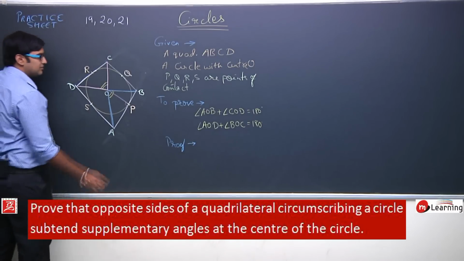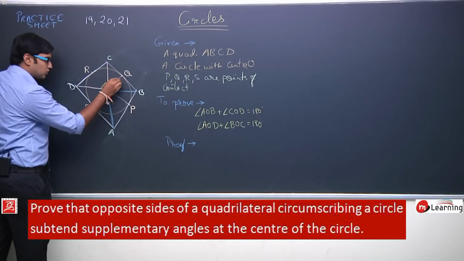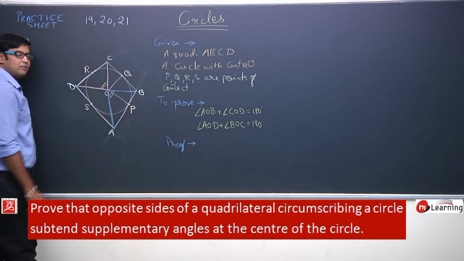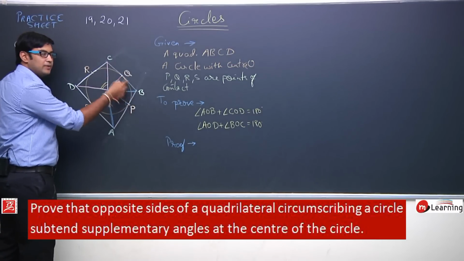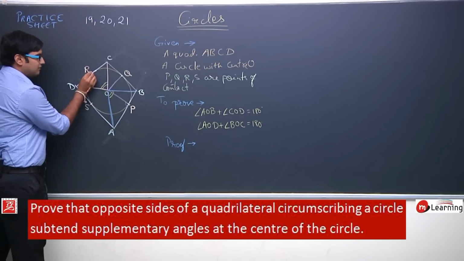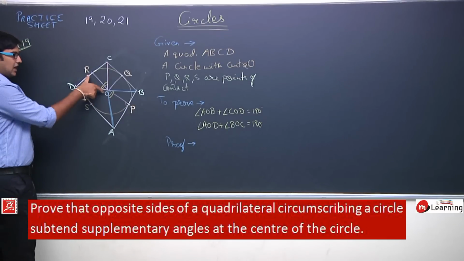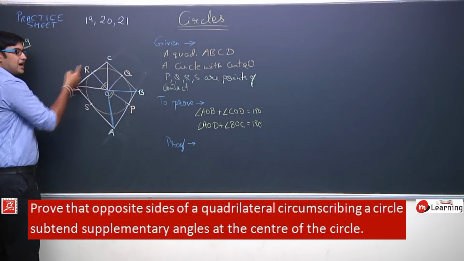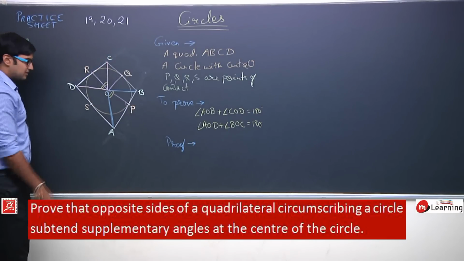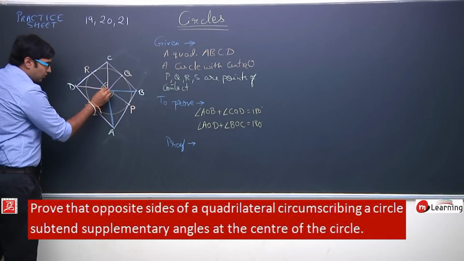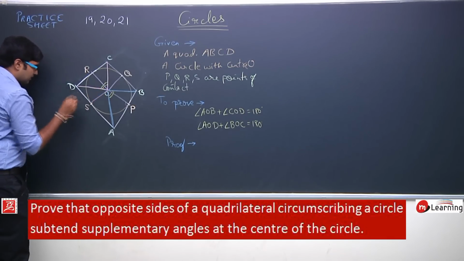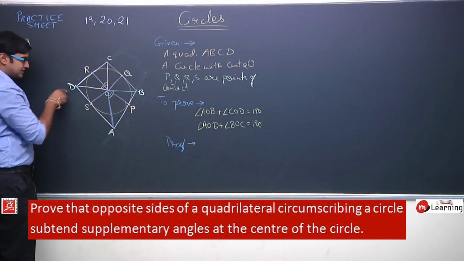Now similarly, if I join O with point Q, again you will have OQ perpendicular to BQC. Similarly, if you join R and O, RO is perpendicular to CRD. Similarly, OS is perpendicular to ASD.